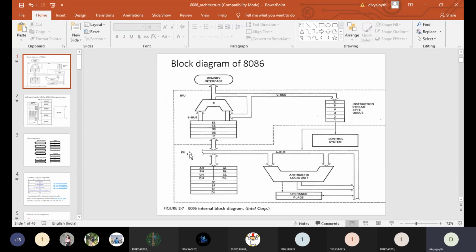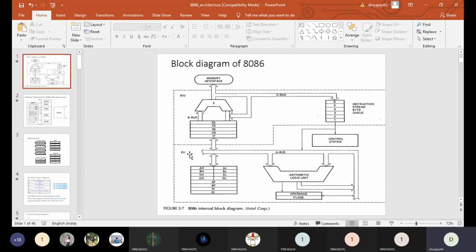If these two are happening parallelly, then we call it pipelining. So in order to support the pipelining process, 8086 architecture has been divided into two units.